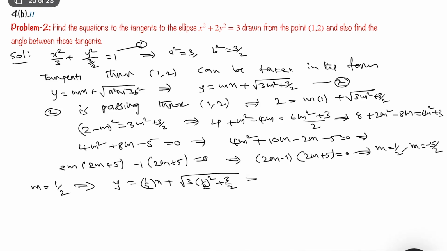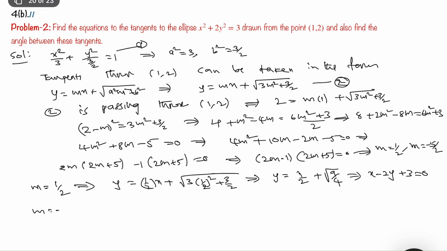So this will be simplified to y equal to x by 2 plus root 9 by 4. Then we can write x minus 2y plus 3 equal to 0. This is one tangent whose slope is 1 by 2.